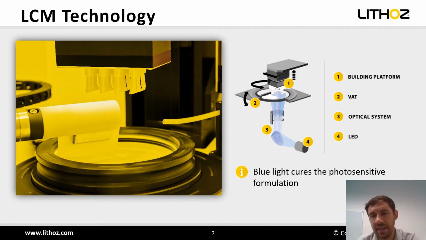And by selective exposure to light, as you can see here schematically, this happens from below. So we have below this material reservoir a light engine where we can shine a certain contour onto the material, and only in the areas where the material is exposed to light, it solidifies. And by doing that in a sequential manner, it's possible to end up with a three-dimensional object that is then during the printing process pulled up upwards the z-axis.